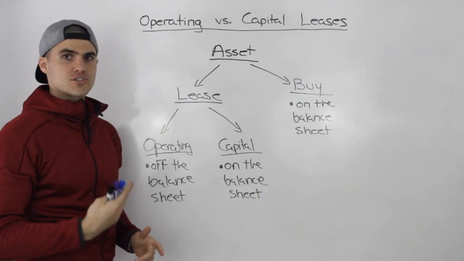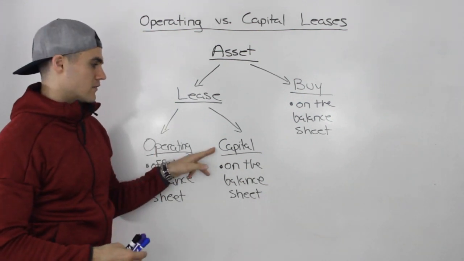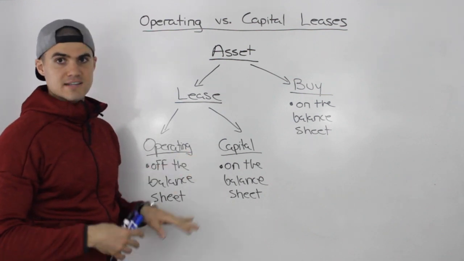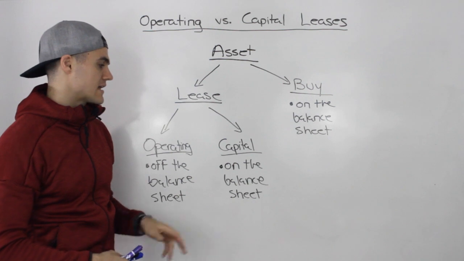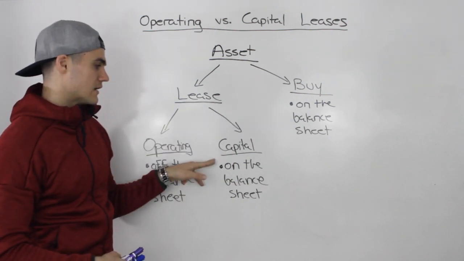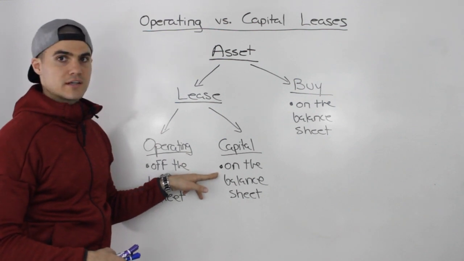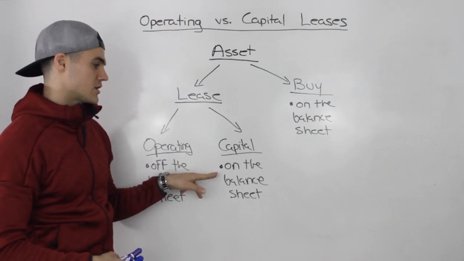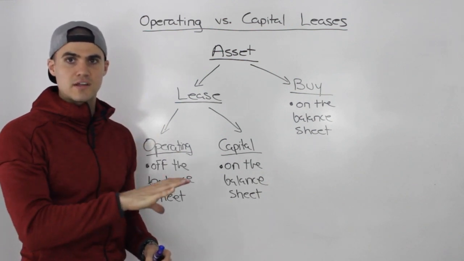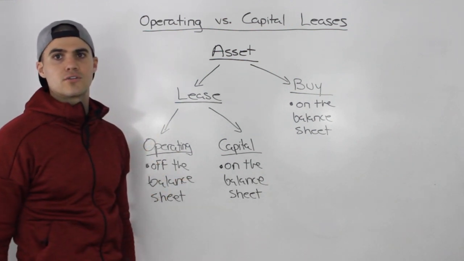But if certain criteria are met for a capital lease, then it has to be classified as a capital or a financing lease. Then, similarly to buying the asset, the asset and the corresponding debt have to go on the balance sheet. More specifically, it's the present value of the lease payments that goes under the assets portion and under the debt portion.